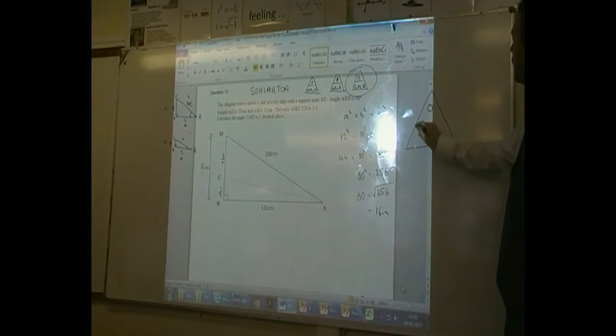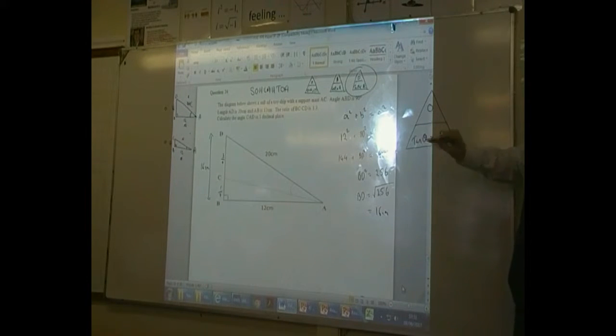So opposite over adjacent, tan theta. That just means the tan of the angle. So for each of those, I need to work out what the angle is going to be. If I cover up the one I'm trying to find, I cover up the angle, I have to do opposite divided by adjacent. So tan theta equals opposite over adjacent.